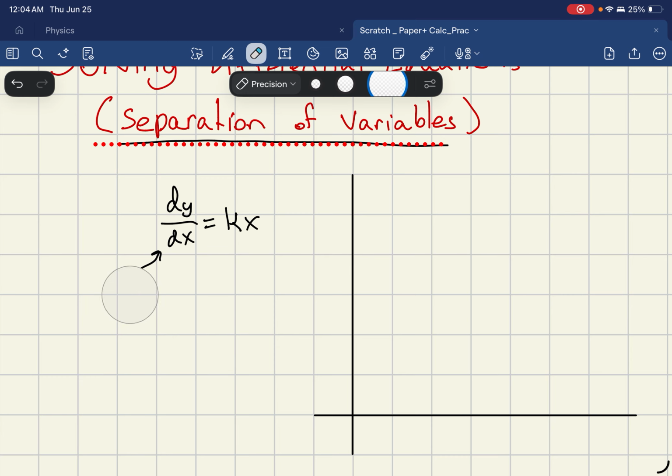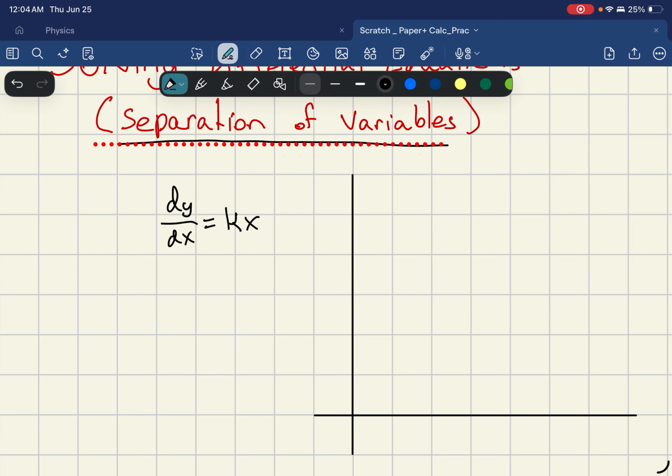Before we start jumping in using separation of variables, a great way to see if your technique is right is to visualize what the solution looks like beforehand. So let's say this is 0, 0, and I had a value of x that was 1.